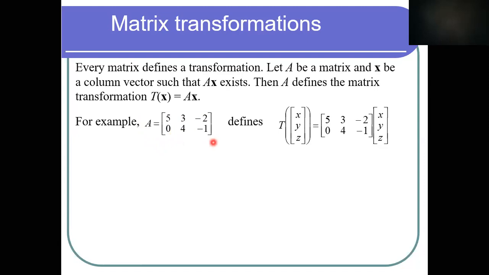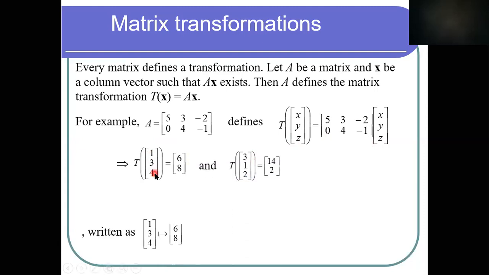If we apply T on an element of R3, written as a 3 cross 1 column vector, it is multiplied with A, that is A into x, where x is an element of the domain. If you multiply this 3 cross 1 column vector with the 2 cross 3 matrix, you will get a 2 cross 1 column vector, which is an element of R2.